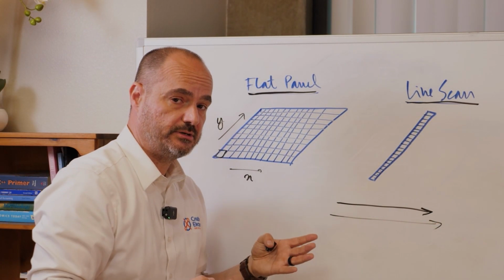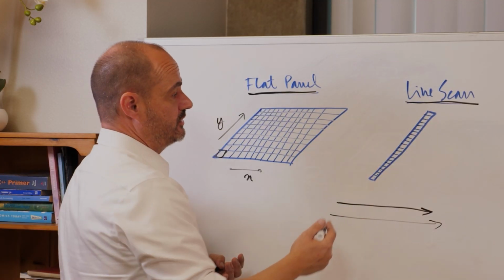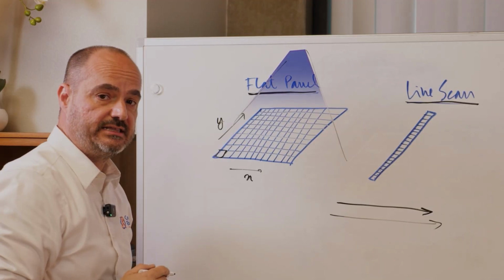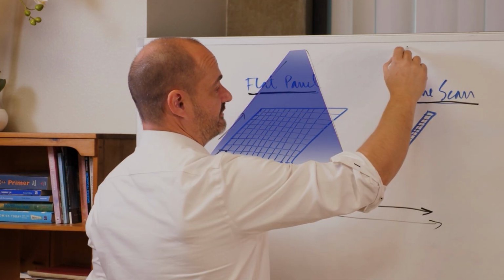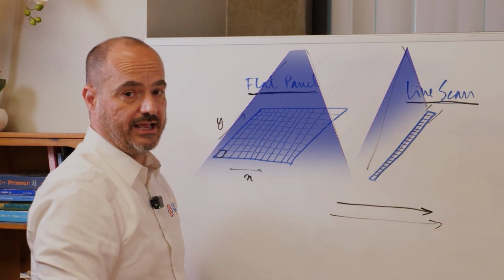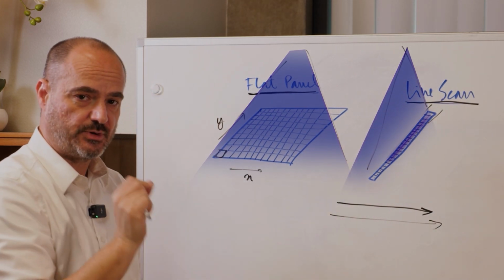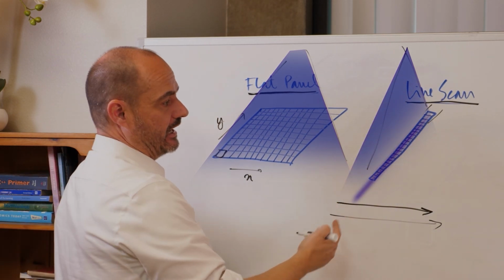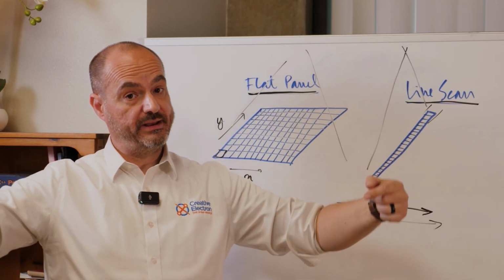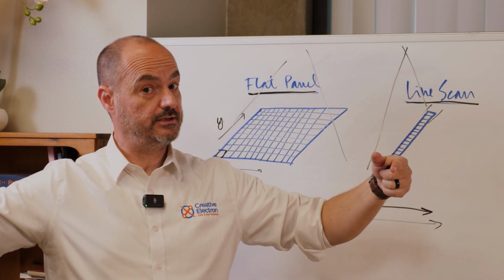Also, in an X-ray machine with a line scanner, imagine you don't need an X-ray source that shines on the whole sensor like on a flat panel. With a line scan, you can have a super narrow X-ray beam that only shines on a little strip right on top of the line scanner, thus allowing us to not worry about, for example, having open sides like in a baggage scanner at the airport.